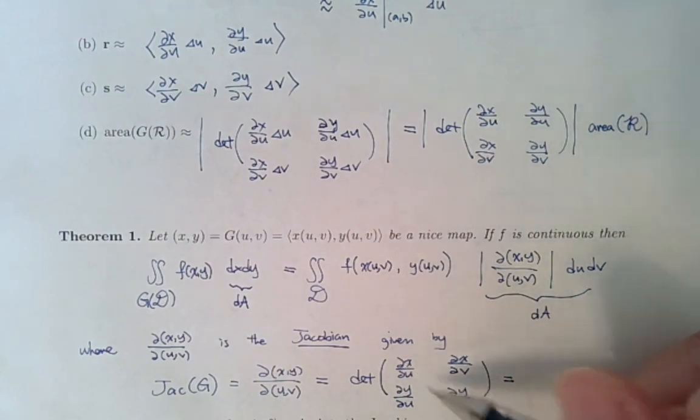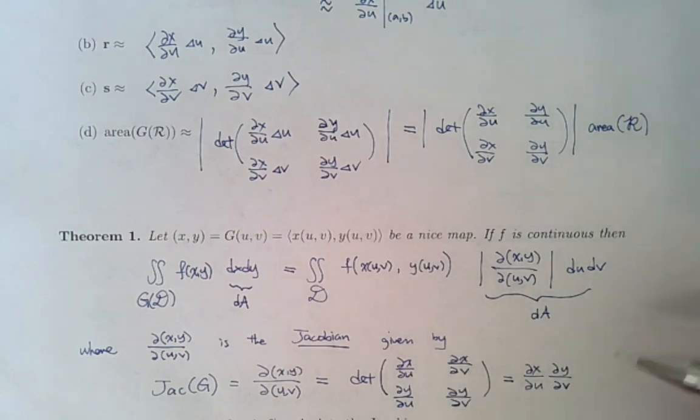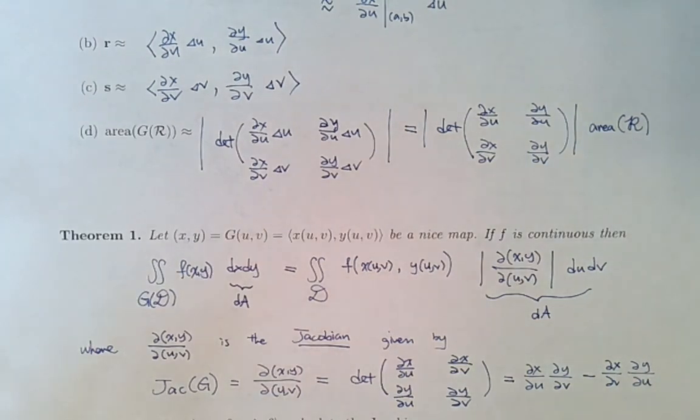The determinant is: multiply the diagonal together and then subtract the product of the other diagonal. So you can see that if we didn't transpose it and didn't exchange these two, we'd still get the same answer here. So it doesn't matter if we transpose it or not.